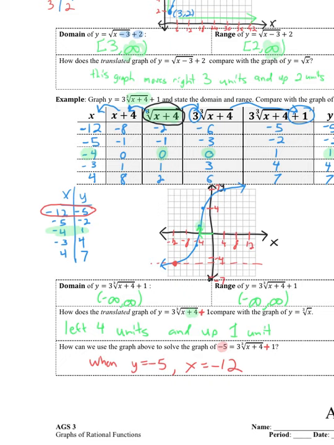And then we see this weird point at 0, which makes sense. We didn't have a good point for 0. But if we get to y equals 4, we can see there's a (-3, 4), which was on our graph.